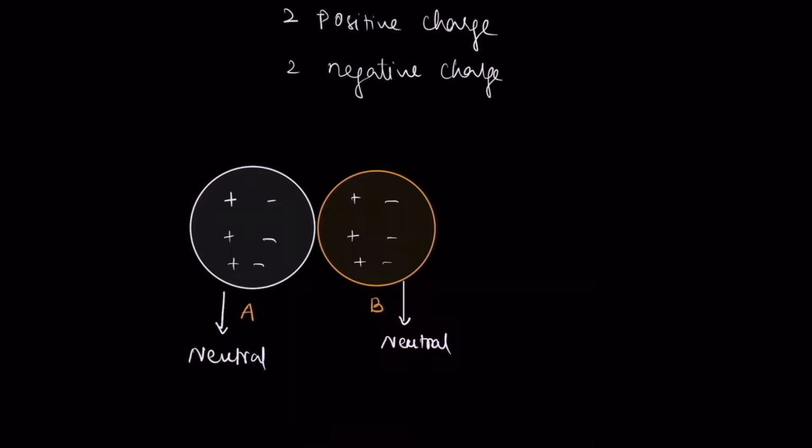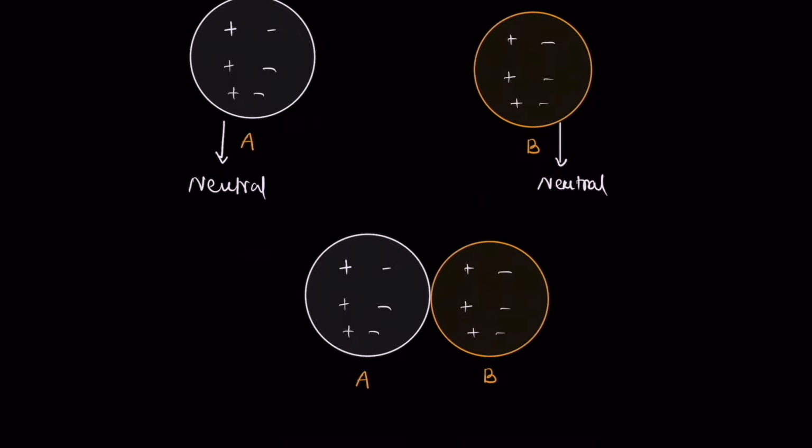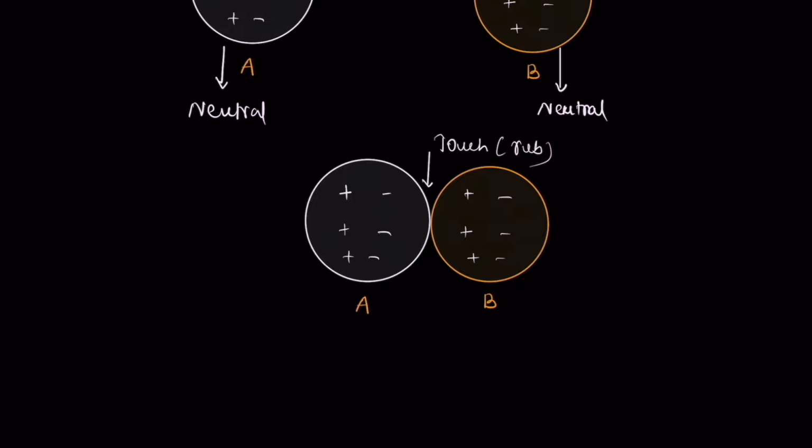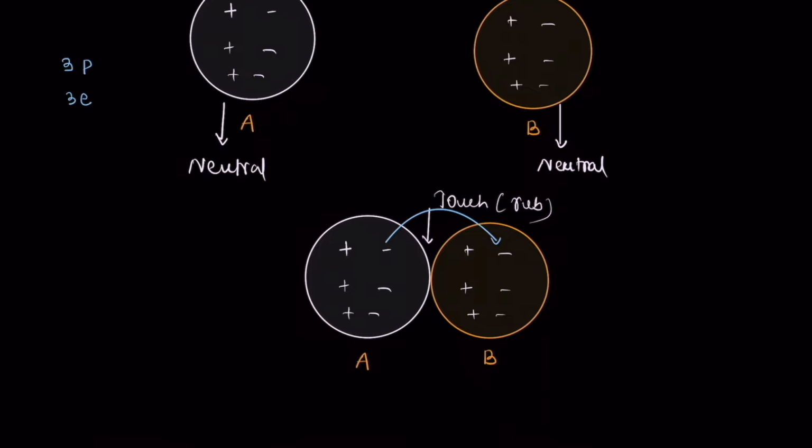Okay. So here, if we consider these two bodies touching at this point, or we can rub them, electrons will move from one of the bodies. Suppose A will move the electron to B. Then what will happen? Initially, A had 3 protons and 3 electrons. Now, after rubbing, body A has 3 protons and 2 electrons.